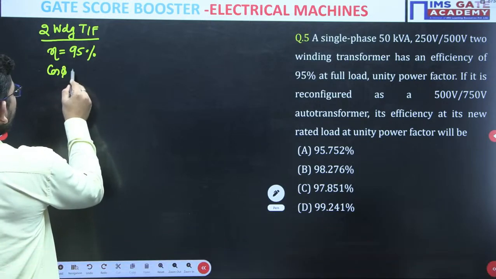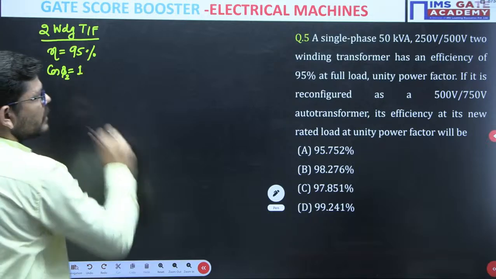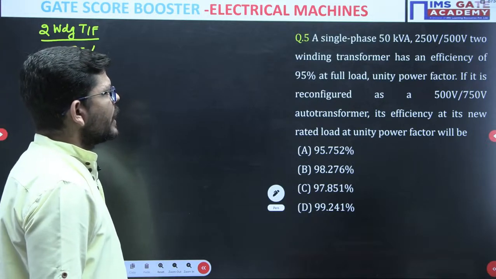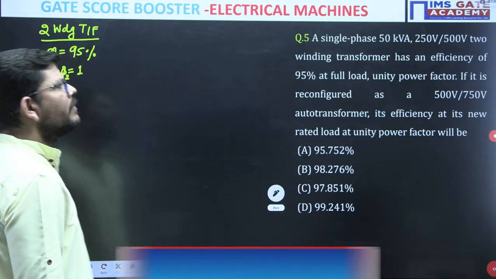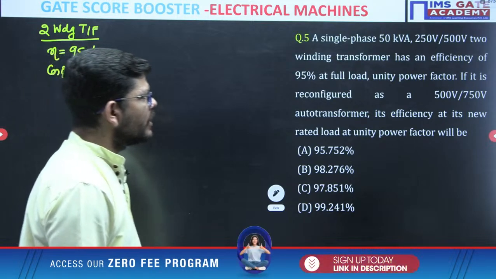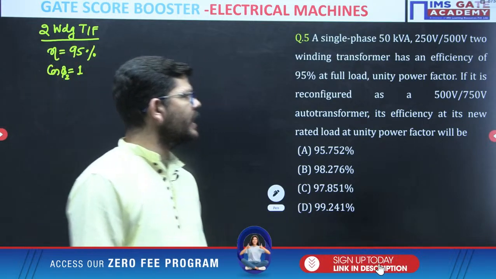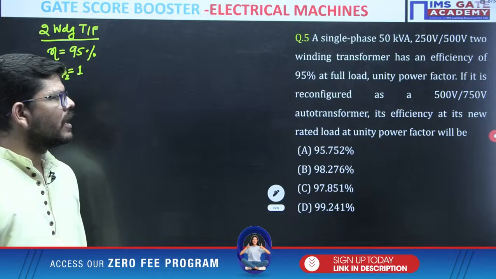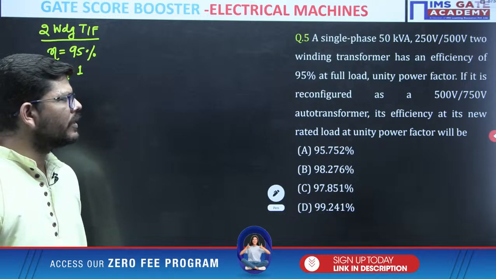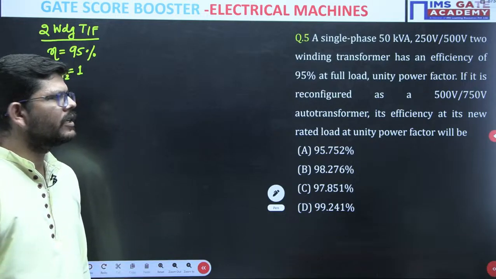It is reconfigured as a 500 volt 750 volt auto transformer. Its efficiency at its new rated load at unity power factor will be what?